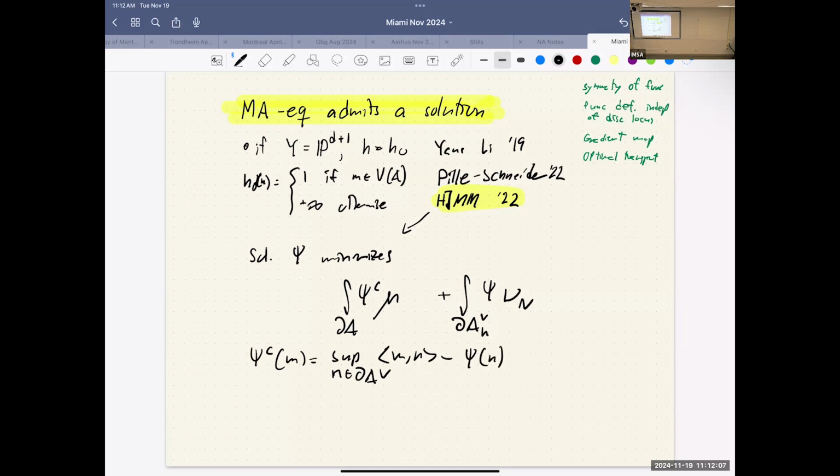Okay. So this functional is quite attractive in a few ways. First of all, it's symmetric.